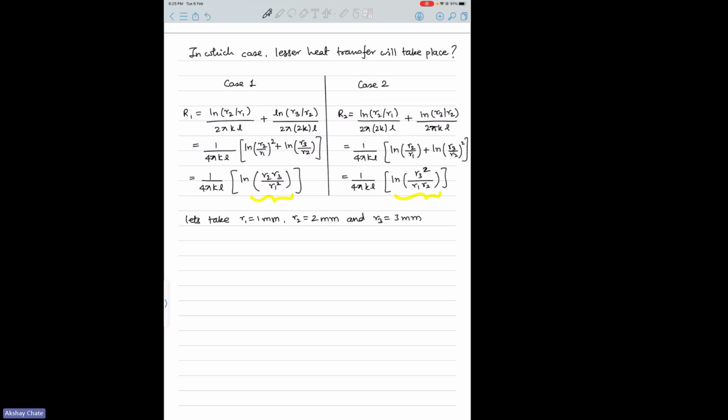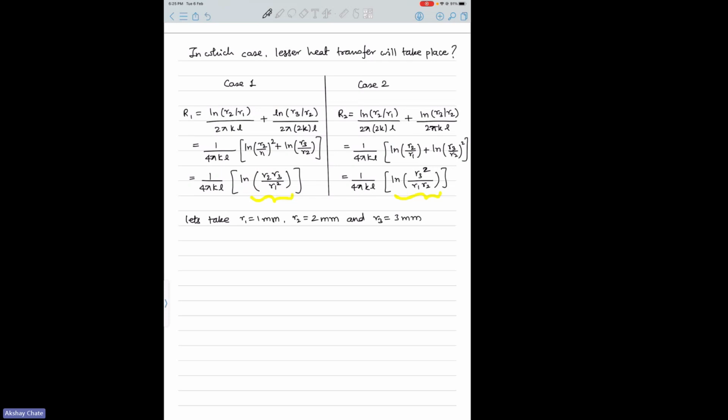Basically, you take the ratio of these R1 and R2, and in that case, the 4 pi KL terms will get cancelled. Then there will be ln by ln. Then you take R2 R3 by R1 square divided by R3 square by R1 R2. So there will be some cancellation somewhere. So that way is also there. I'm not denying it. That will be the correct way to do things.